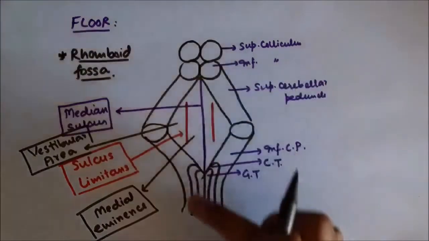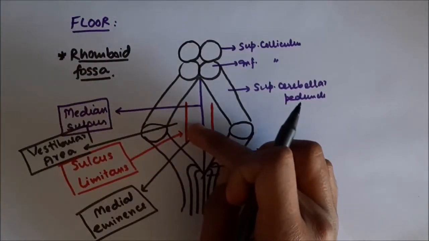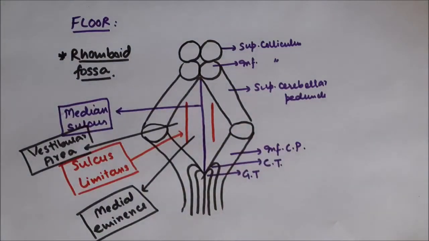So we have median sulcus, then we have sulcus limitans, and two areas, medial eminence and vestibular area.